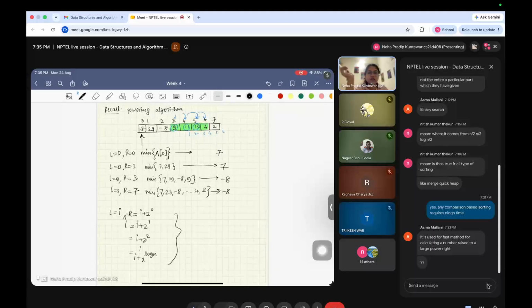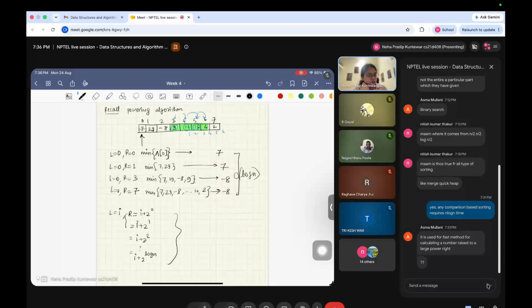So how much space did we use when L is 0? You are storing 4 values, which is roughly log n. So this is log n plus 1. I'll just call it log n.